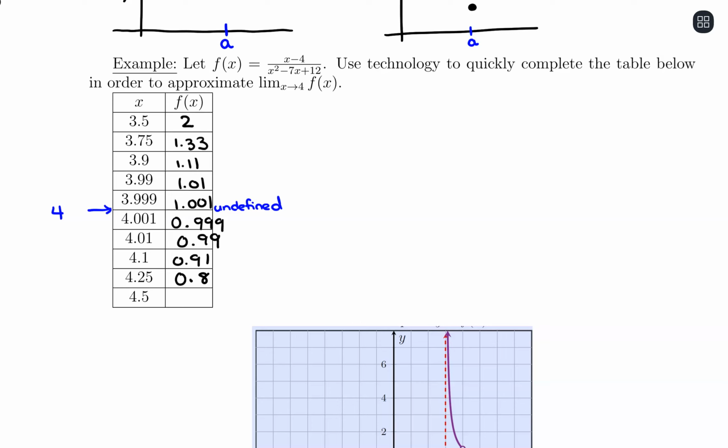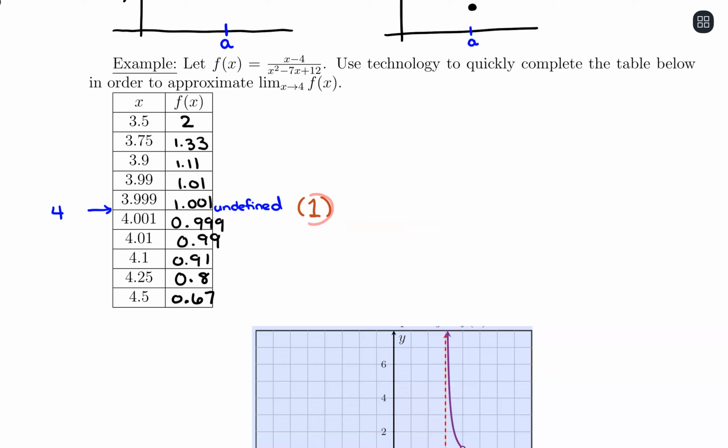side, we would actually be reading up the table. So we would still be approaching this idea that 1 would be the value that's occurring between that value for 3.99 and 4.001.